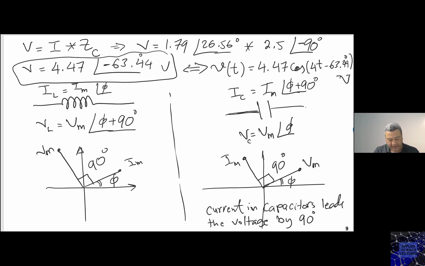So current in an inductor is lagging. If you want to use the same statement, then you can say current in an inductor lags the voltage by 90 degrees.